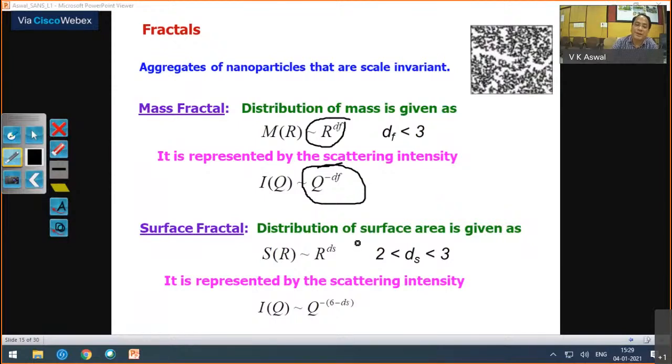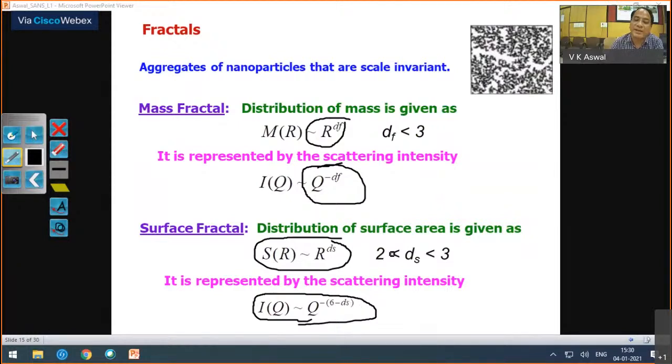Also, you may have surfaces which are not smooth. For a smooth surface, your surface area goes as r to the power 2, but if it is rough, then your surface area will increase, and the surface fractal dimension will be greater than 2, and usually less than 3. For such surfaces, your scattering intensity varies as q to the power minus (6 minus ds).